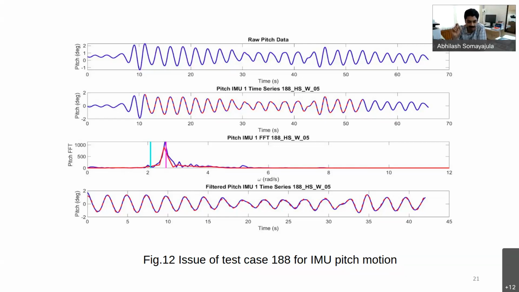From the moment you pick the peak, wherever you start that red dotted line, you say I'm only going to look at so many wavelengths, depending on the wavelength versus the wave basin length. Based on that, you say I'm going to look at only 4 waves, 3 waves, 2 waves, or 1 wave.